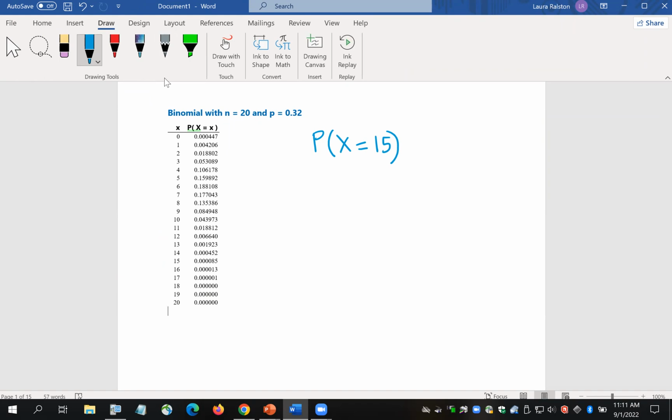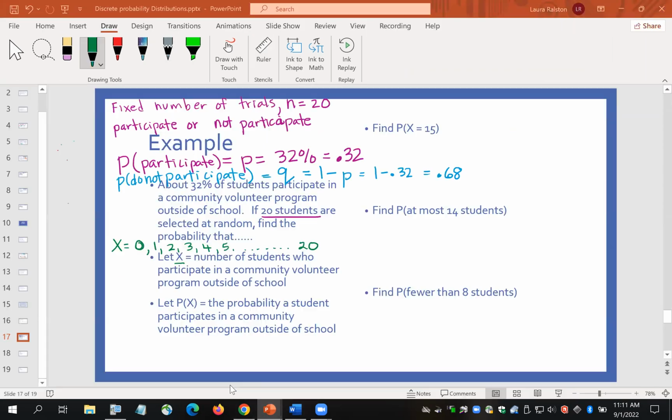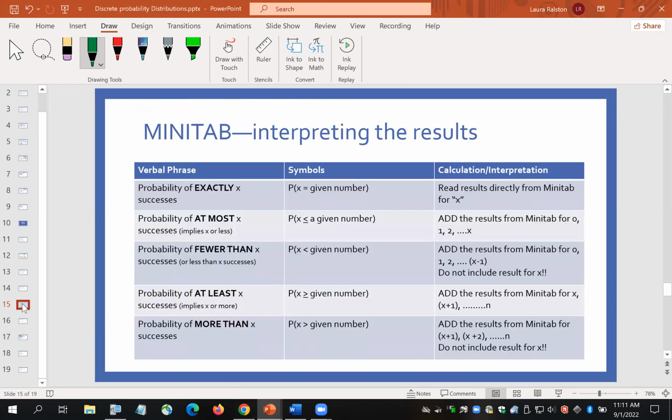But hopefully it makes sense to you that equal implies exact or exactly. And I'm going to look at my table that's on slide 15. And I can either look for the equal symbol in the symbol column, or I can look for the word exactly. And I find that on this first row.